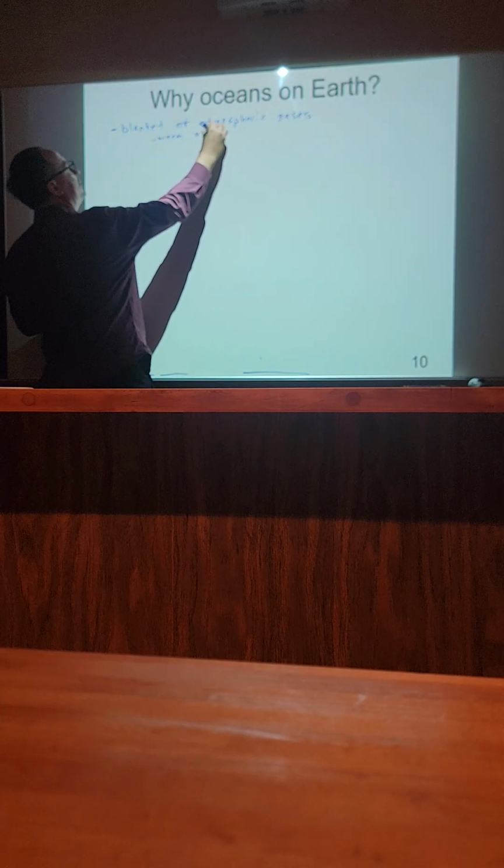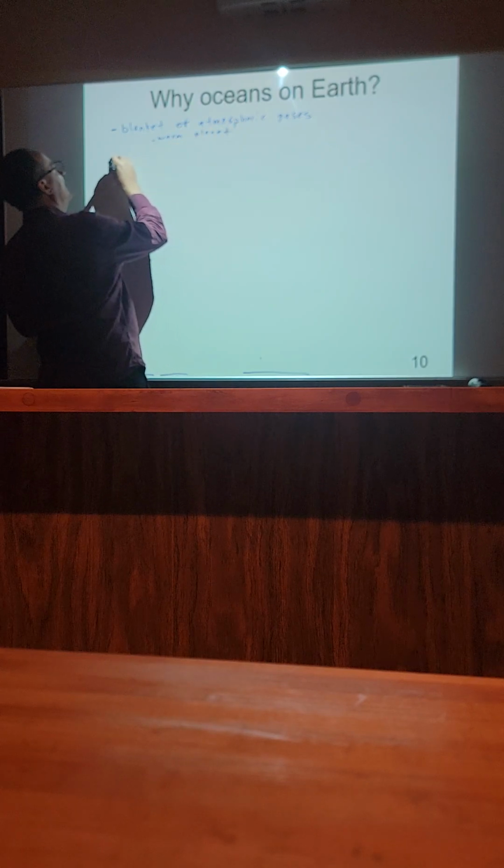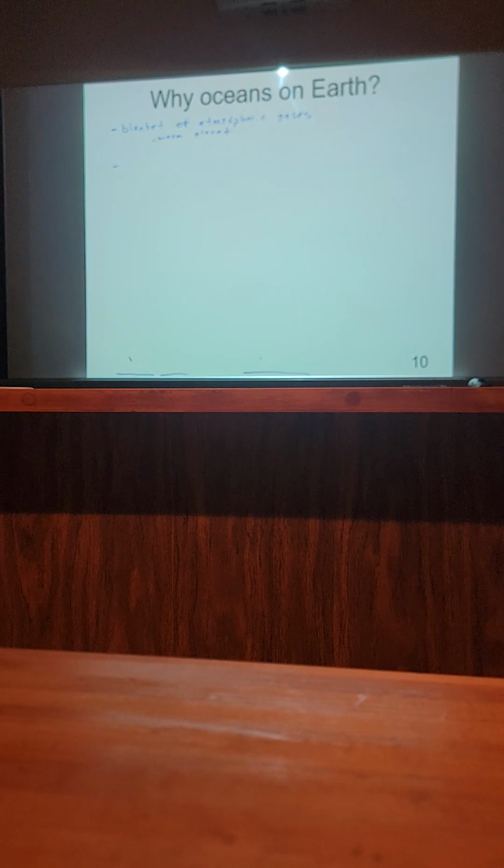What else determines how hot the planet's surface is? The sun. Yeah, did you ever hear of the habitable zone, or the Goldilocks zone? Some of you maybe, some of you not.